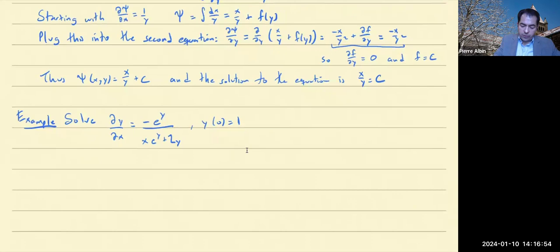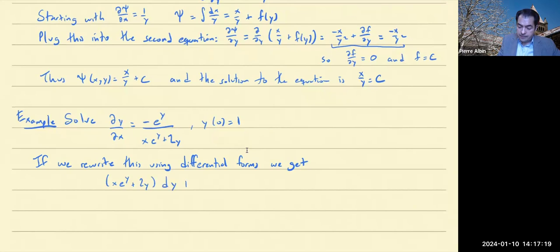Okay, if we rewrite this using differential forms, we get the equation x e to the y plus 2y multiplying dy plus e to the y multiplying dx is equal to 0.